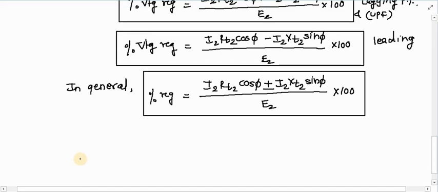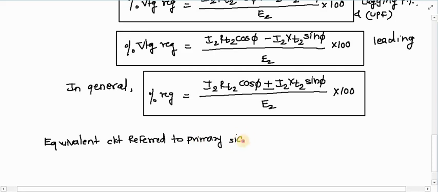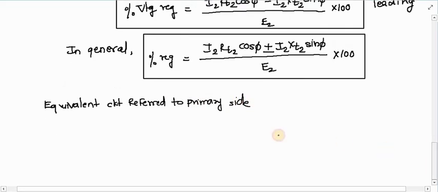This formula will get modified to the other formula if we consider the simple equivalent circuit of the transformer referred to the primary side. Again we will draw the corresponding phasor diagram and from that phasor diagram we will derive the equation. So in the same way, if you proceed with the equivalent circuit referred to primary side, what will we get?